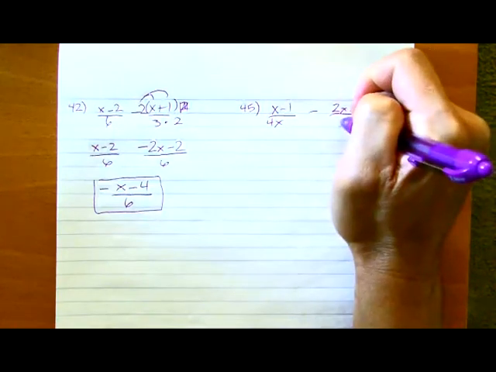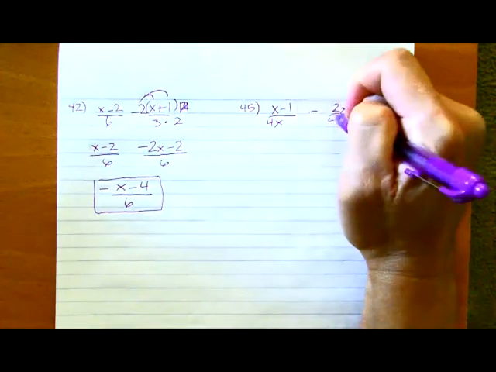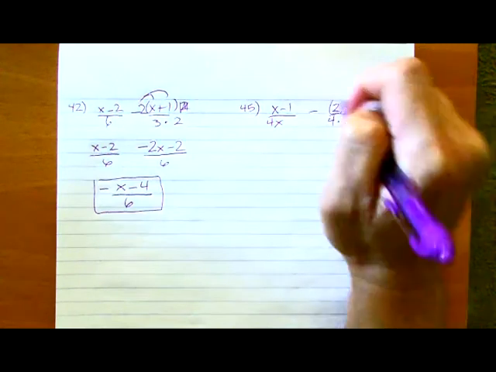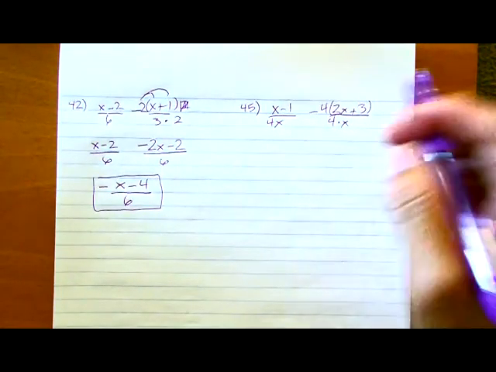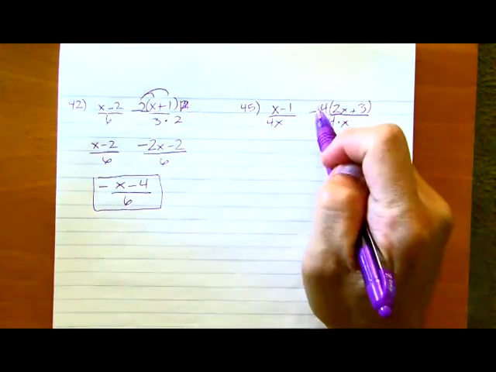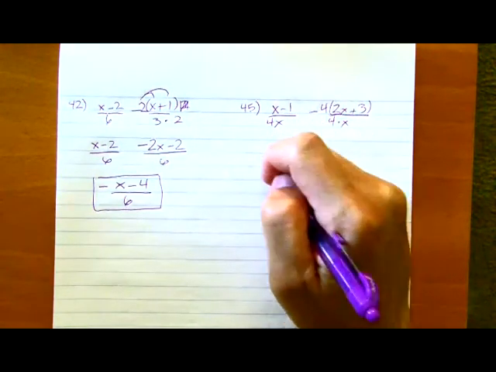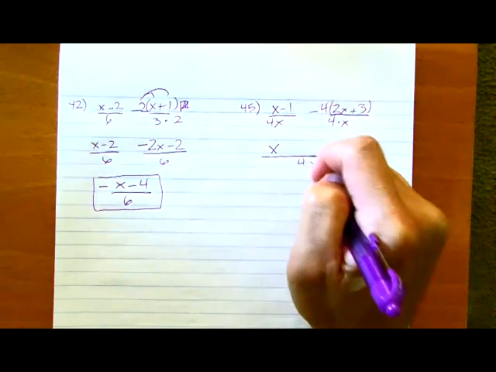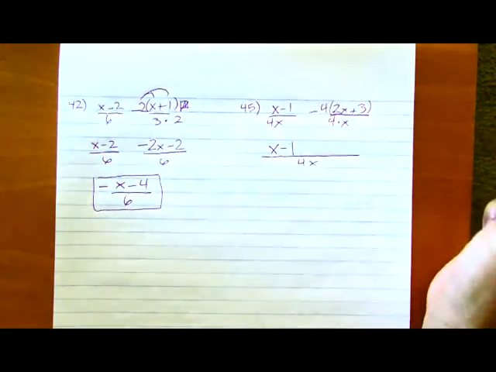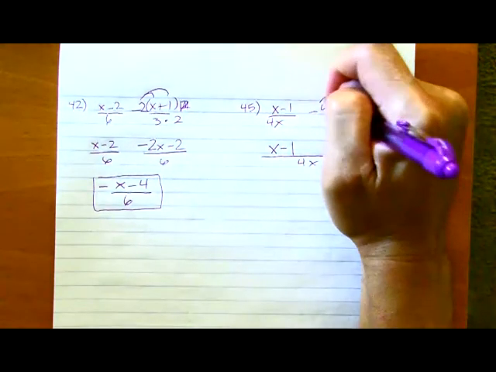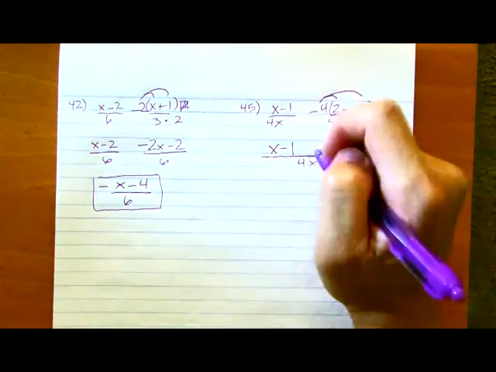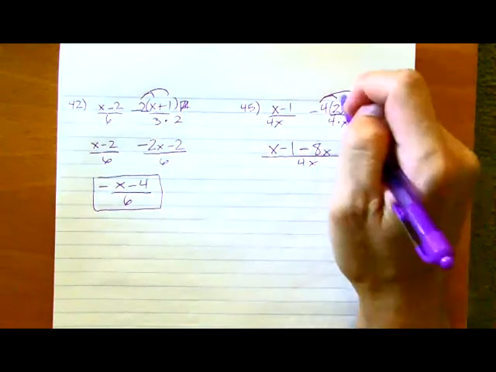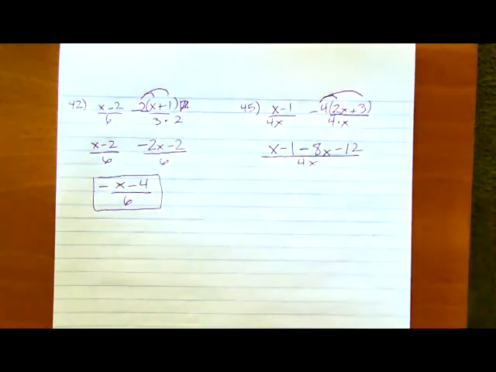So I would multiply by 4. That'll give us 4x in the denominator. We know it's 4x. The first part is still x minus 1. I'm going to distribute the negative 4 to both terms. Negative 8x minus 12.